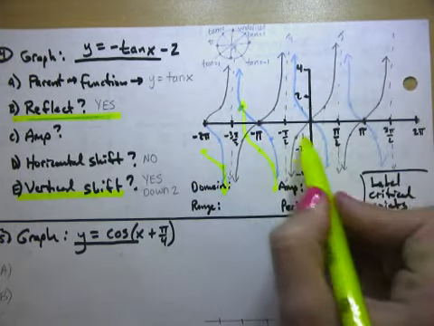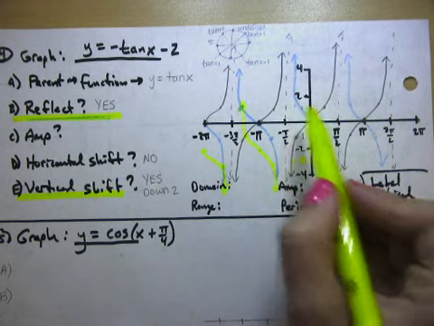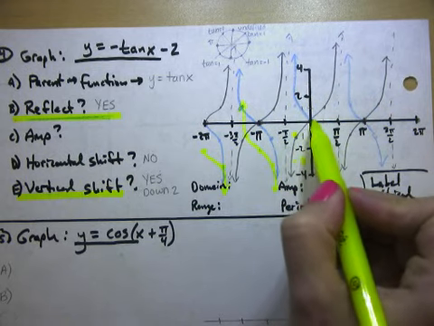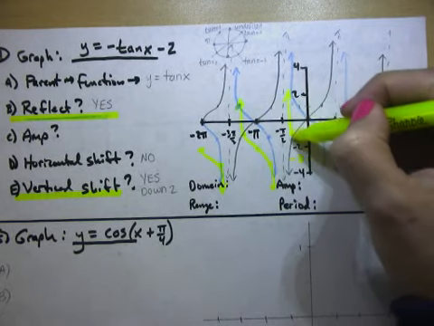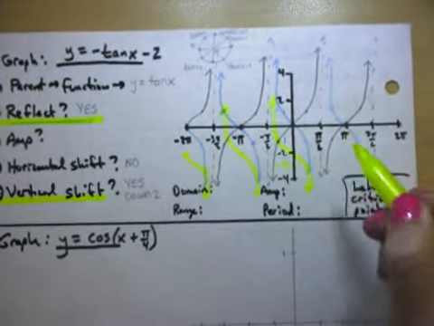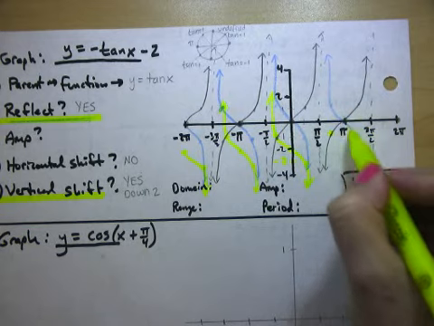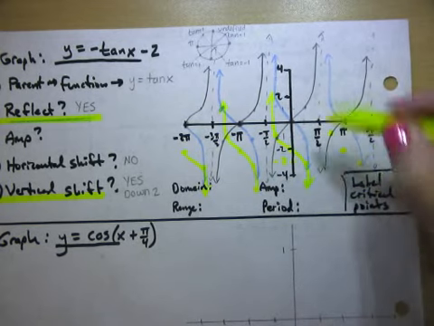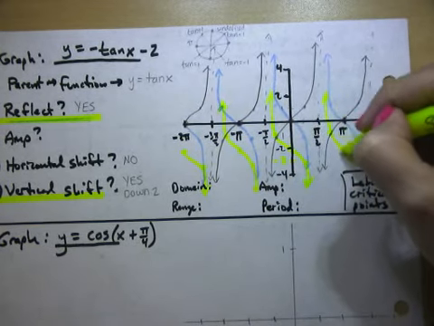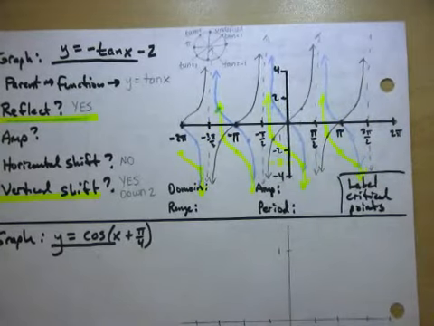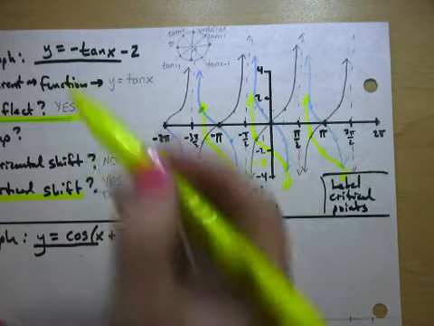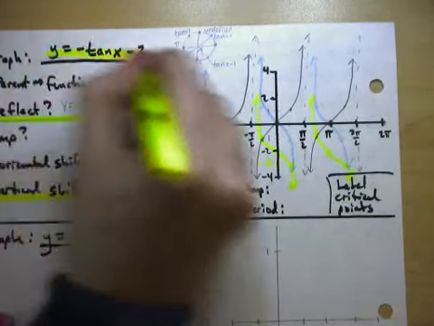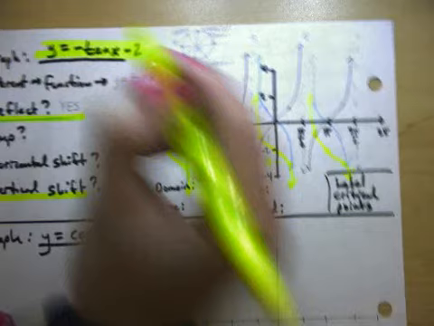And there we have it. So just repeating all of this for each one of these graphs, or I should say periods. All right, and there we have our final graph for y equals negative tan x minus 2.